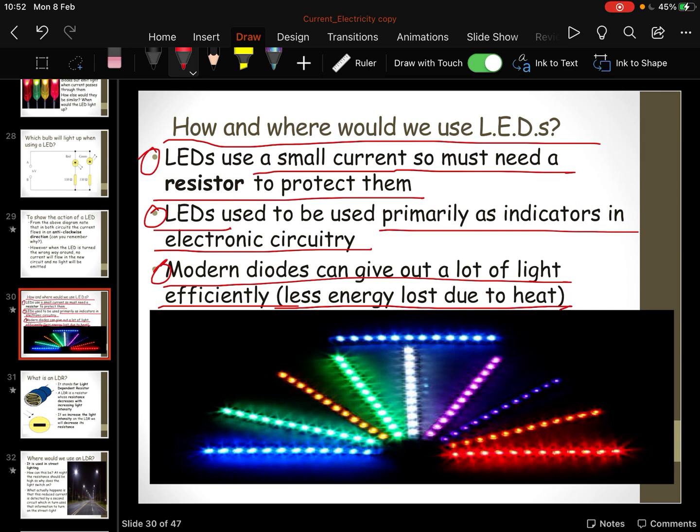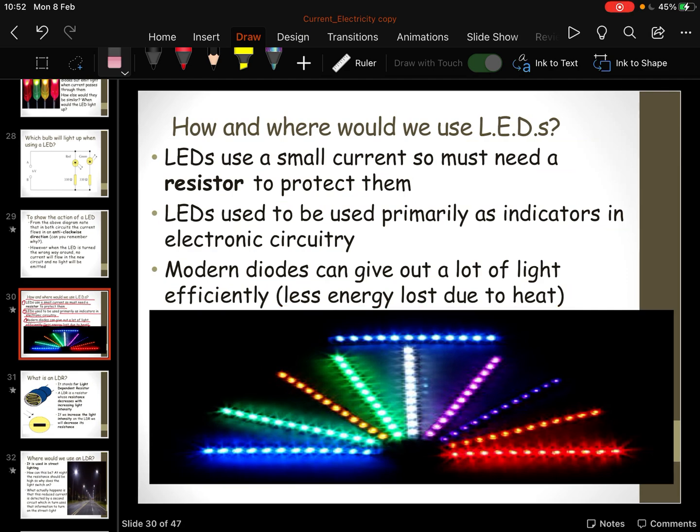You can see the many small dots on them. They give out a huge amount of light, but not an awful lot of heat. And that's one of the main losses of electricity in bulbs, that they give off too much heat, but LEDs don't really do that. So take down those three points there.